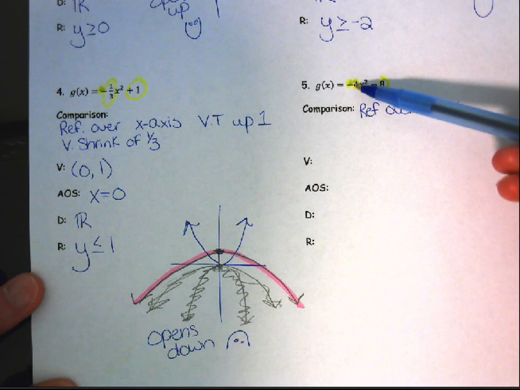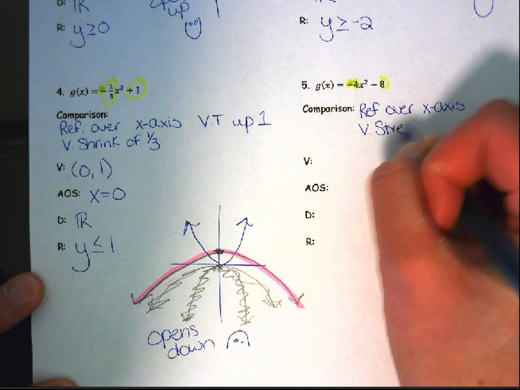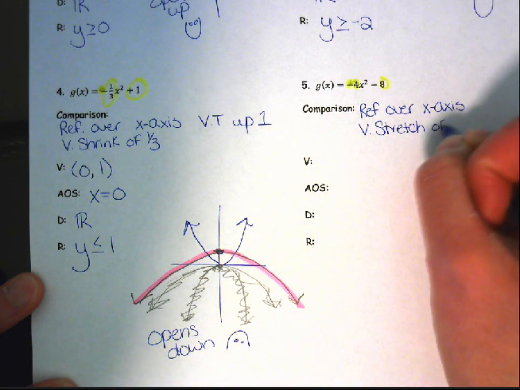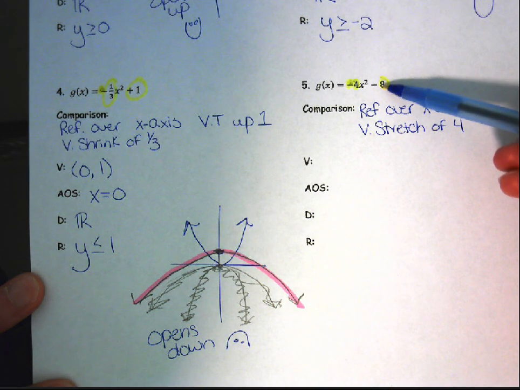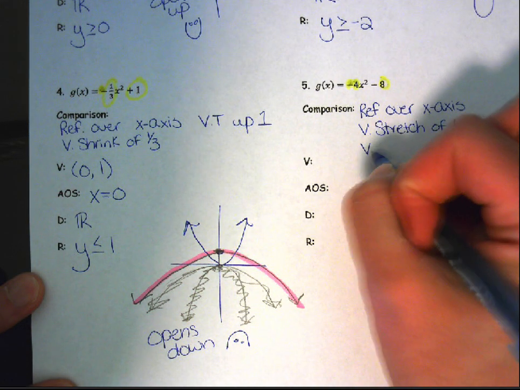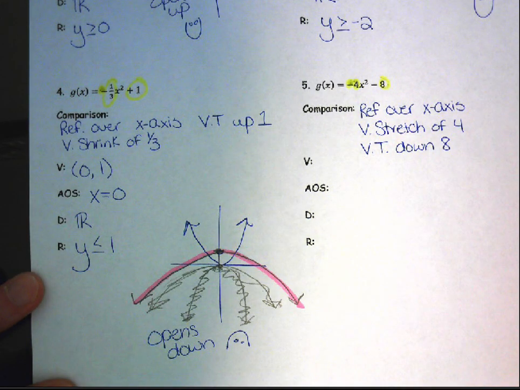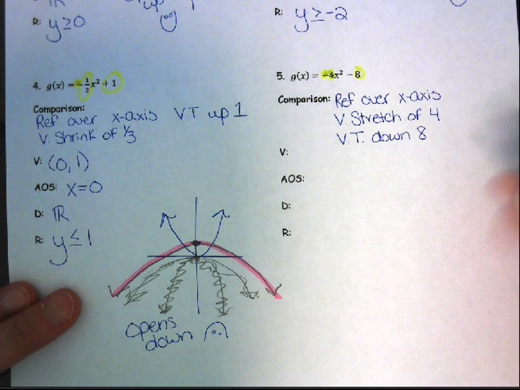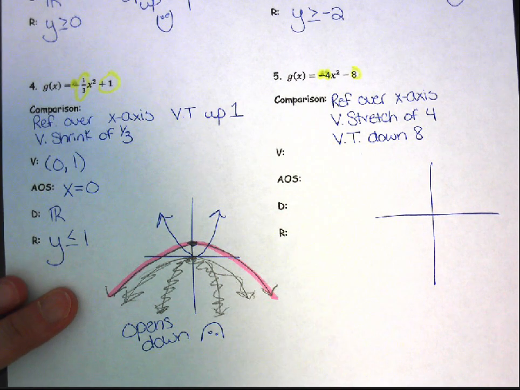The 4 is greater than 1, so that's going to be a vertical stretch of 4, and again, it's important that you give the number. And this is a -8, so it's going to shift it down. So it's going to be a vertical translation down 8. And again, yes, we will have horizontal translations, just not until later in the chapter. Okay, actually 8.3 has some.